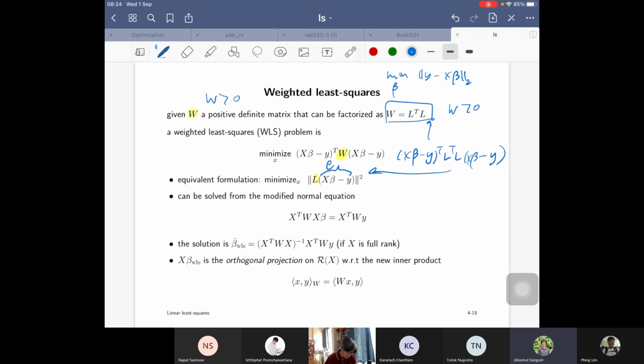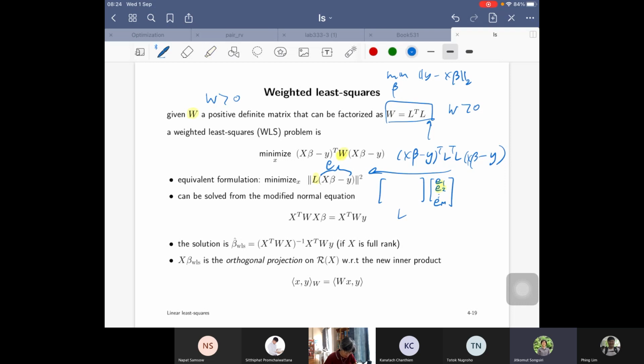When you have L multiplied on the residual, remember the residual is a vector. Suppose it has m rows. If you put L, of course, it means that you put different weights on the samples i of the residuals.